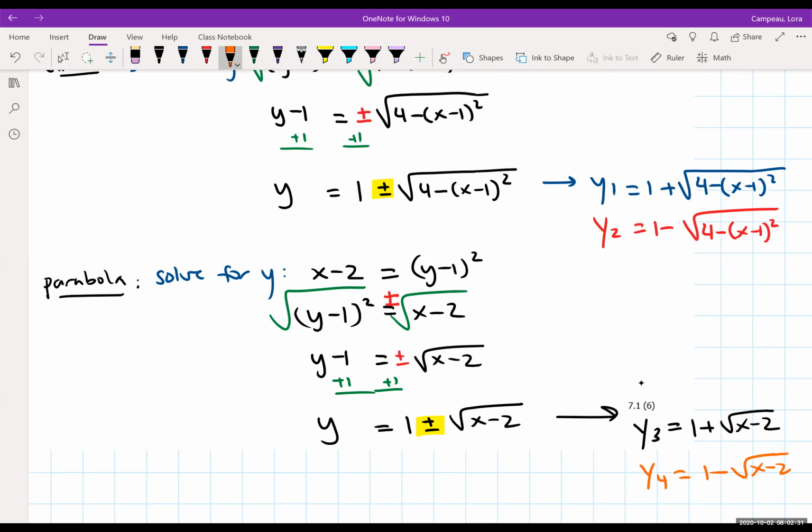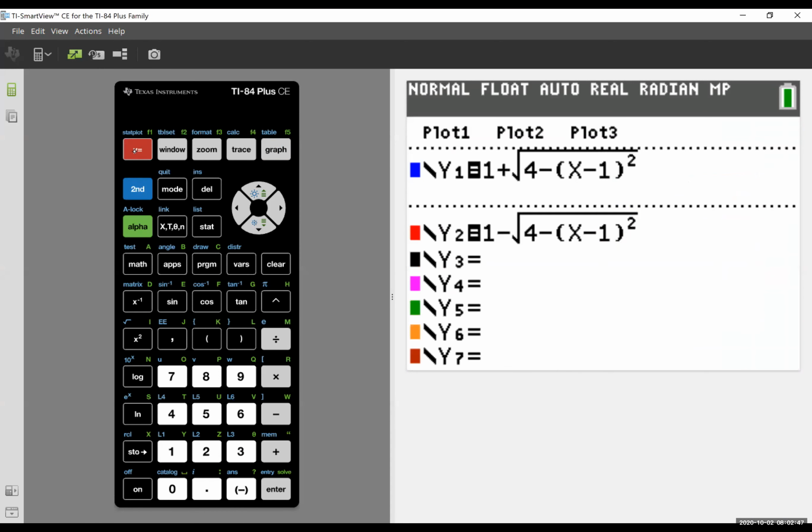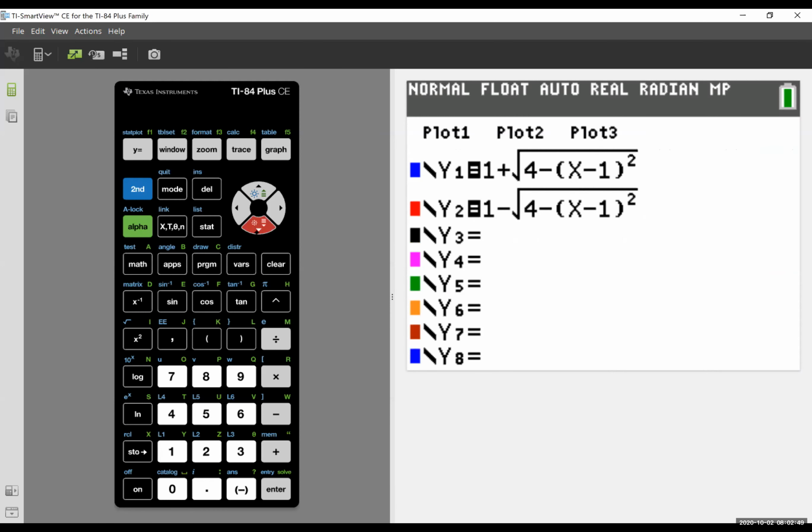We'll enter that in, and hopefully it's supposed to look like a horizontal parabola, so we'll make sure. That's the good thing about knowing conic sections before you approach this. You can definitely verify if your algebra is correct. So let's go back to our y equals, and I'm going to go all the way down to y3, and it should be 1 plus square root of x minus 2.